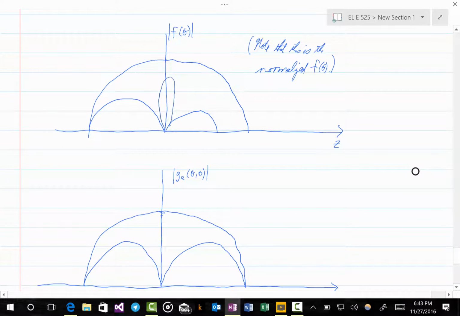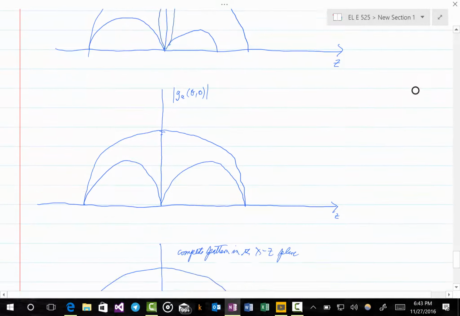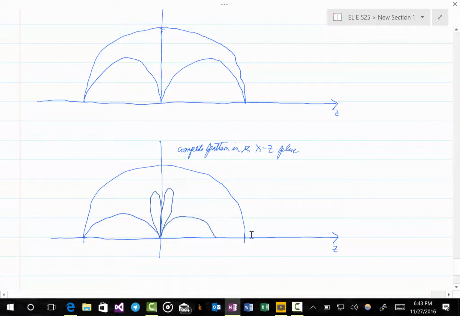And so when we multiply, because of this 0 in the element pattern at theta equals pi over 2, when we multiply this element pattern by the array pattern, we get a 0 in the complete pattern, as you can see right here.